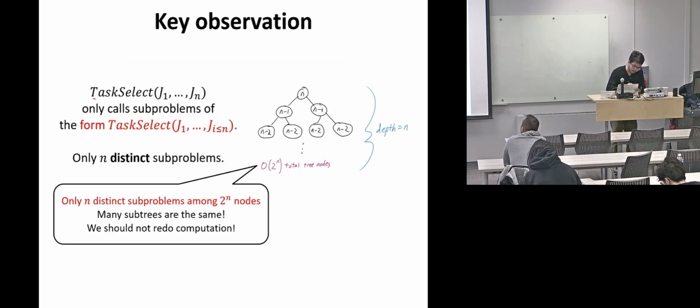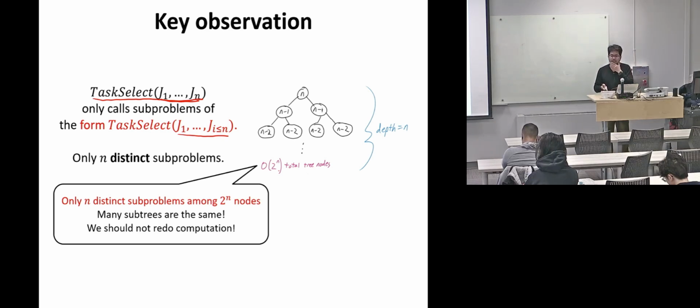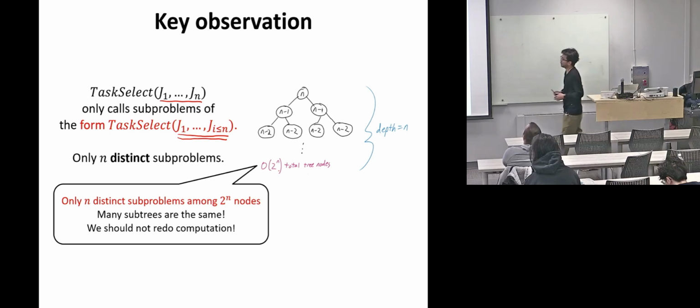in the kind of recursion that we do, if you have n jobs, j1 up to jn, the format of the subproblem that you look at is always a prefix of the jobs that you have. So j1 up to some ji.